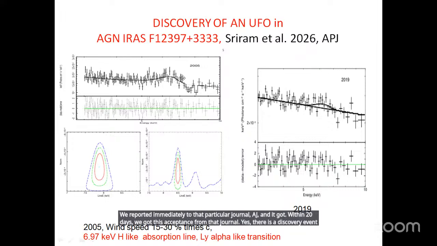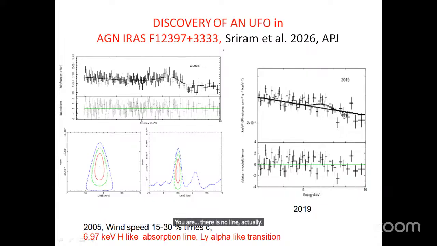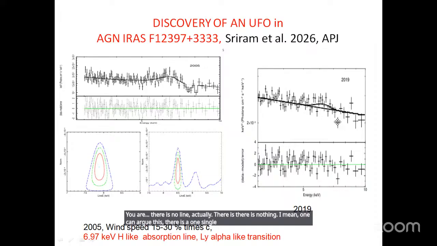The more interesting point is that this is a 2005 observation. You can see these two lines, whereas in the 2019 observation there is no line at all. One can argue this is a single point, but we don't rely on single points. So the winds are changing; the outflow speeds have decreased a lot because of some mechanism.